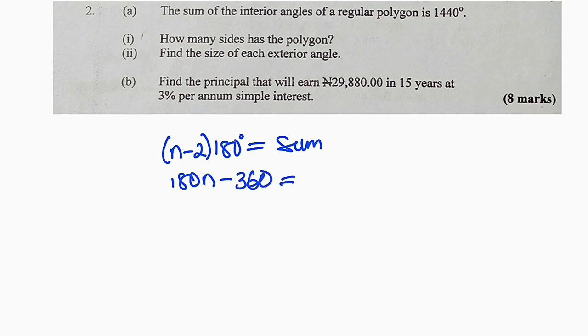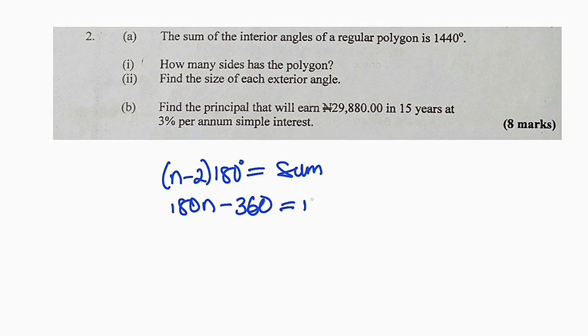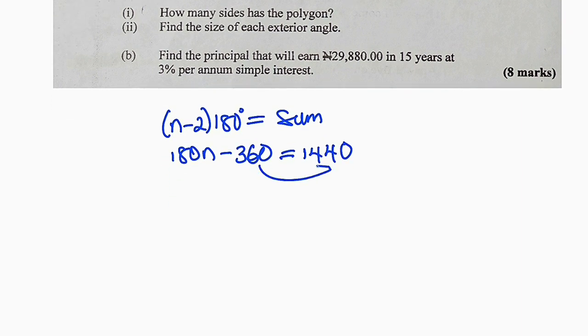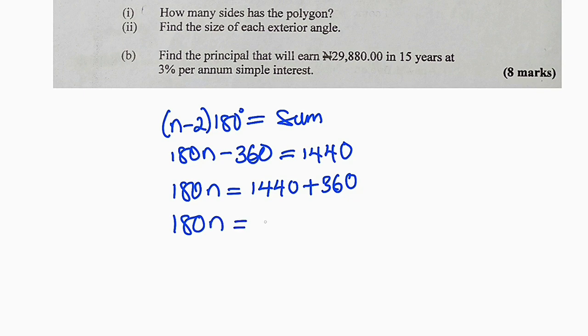But already the sum is given to us as 1440. Right? So you can simply take this one to the other side. It will become positive. So we have 180n equal to 1440 plus 360. 180n equal to 1800.